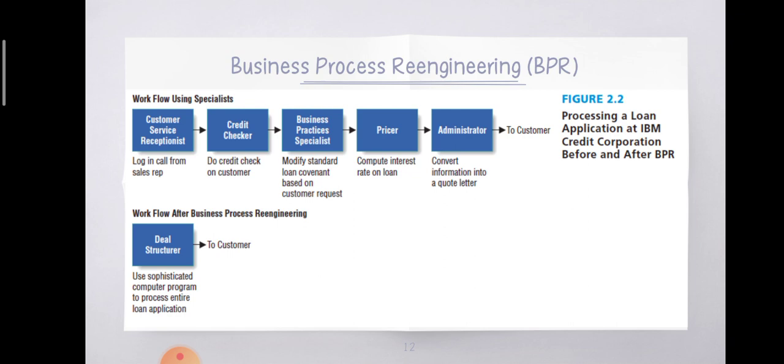The term reengineering was coined by Michael Hammer and James Champy in their pioneering book, Reengineering the Corporation. Business Process Reengineering, or BPR, is not a quick fix, but rather a fundamental rethinking and radical design of business processes to achieve dramatic improvements in cost, quality, service, and speed.